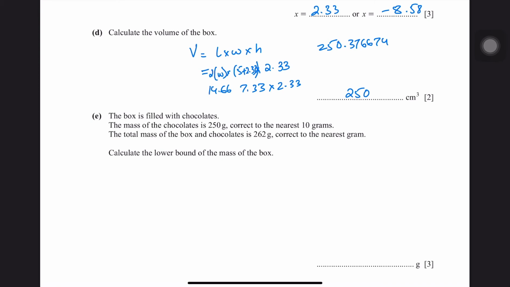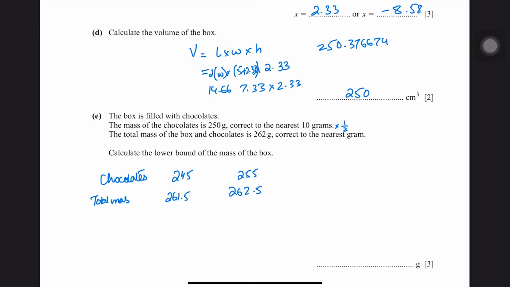So the chocolates can be a minimum of 245 or a maximum of 255. We've done half of the degree of accuracy. So these are the chocolates. Then the total mass itself could be from 261.5 to 262.5.